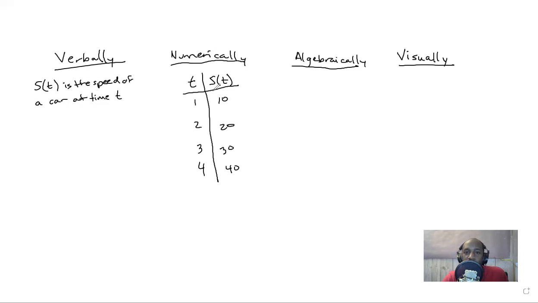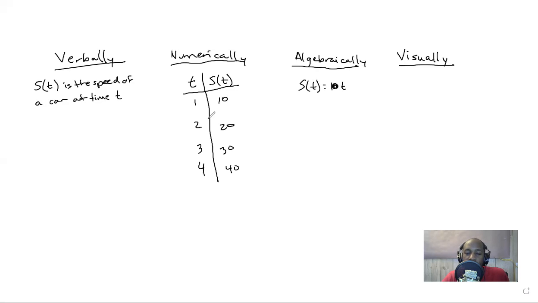Now, algebraically means what is the algebraic function? So in this case, and this is pretty easy to see, S of t is equal to 10t, because you see when t equals 1, S of t is t times 10.